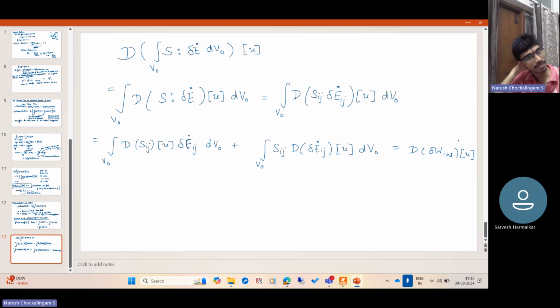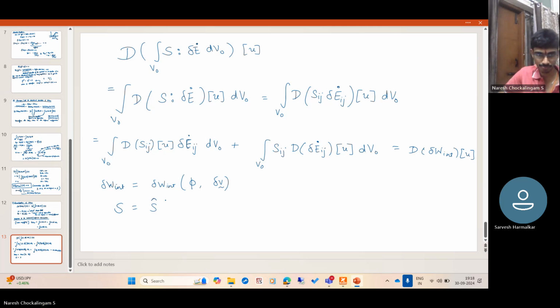Okay, so now what is it a function of? Again, remember, the internal virtual work is a function of both the deformation phi as well as the virtual velocity field delta v. Individually, the term S is a function only of the deformation field, and del E depends only on the virtual velocity field.